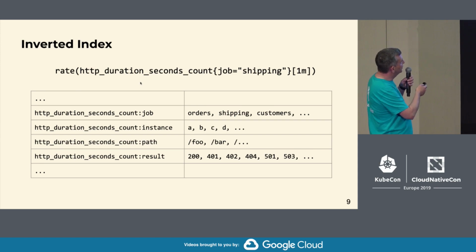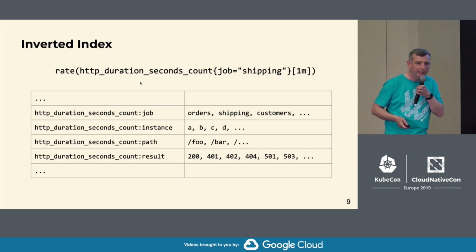In the database, we've got this metric, and we've got a bunch of different labels that we've recorded the data under. We've recorded it for different jobs. We've recorded it for different instances. It's some kind of HTTP server, so we've recorded it for different paths. We've recorded the different error codes that came back.